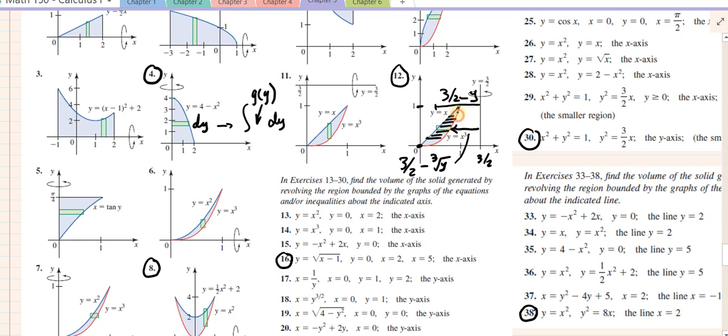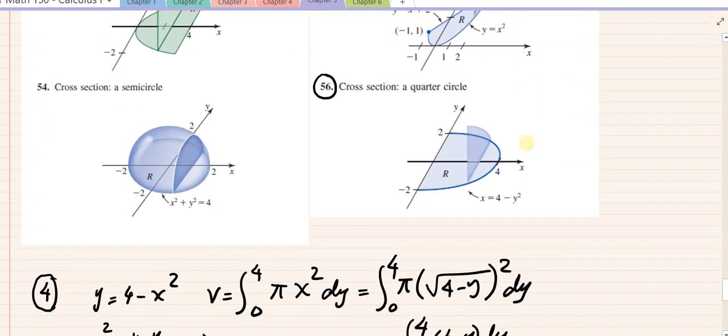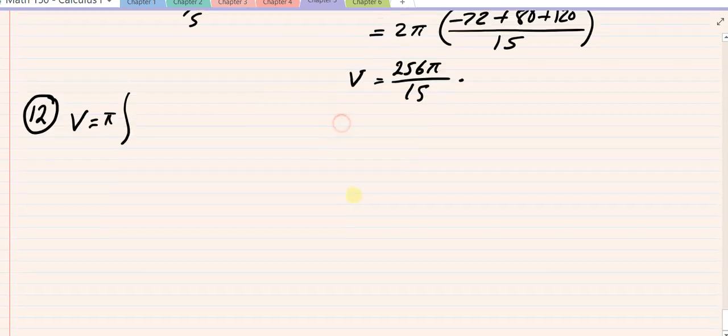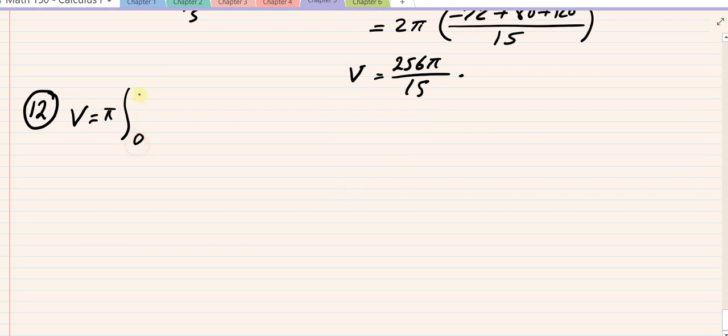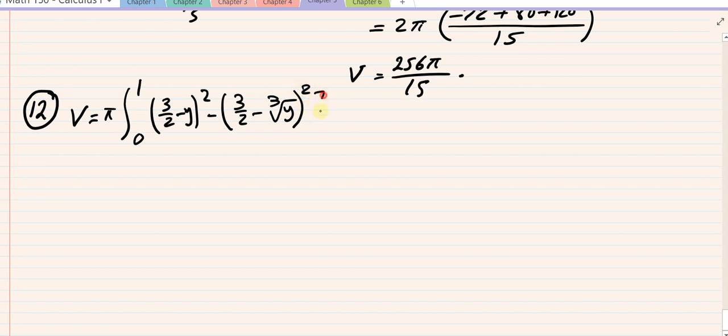These would be the resulting disks of rotation, which fit from 0 all the way up to 1 along the y-axis. So the volume is from 0 to 1 of pi times the outside radius, 3/2 minus y, squared, minus the inside radius, 3/2 minus the cube root of y, squared, times dy.